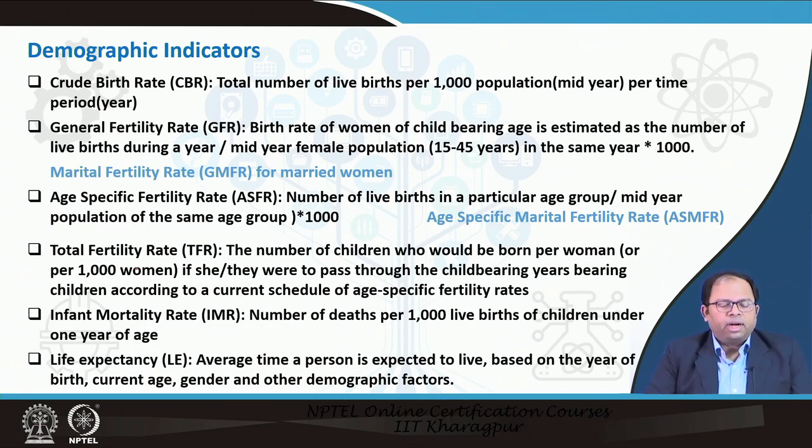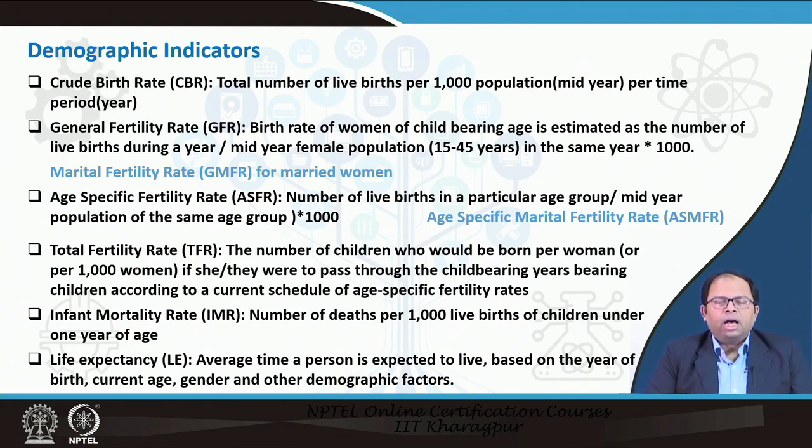And then total fertility rate, TFR, is defined as the number of children who would be born per woman, or it could be per 1,000 women, if she or they were to pass through the childbearing years, bearing children according to a current schedule of age specific fertility rates. For different age groups, we have different fertility rates. That means a woman at the age of 15 and a woman at the age of 45 will have different fertility rates.